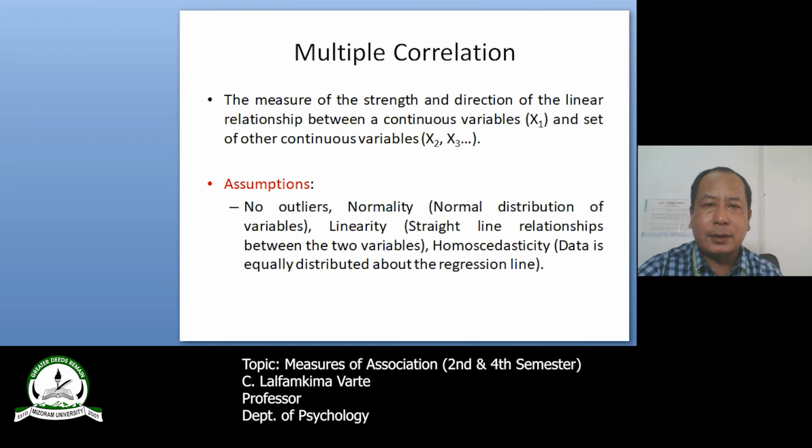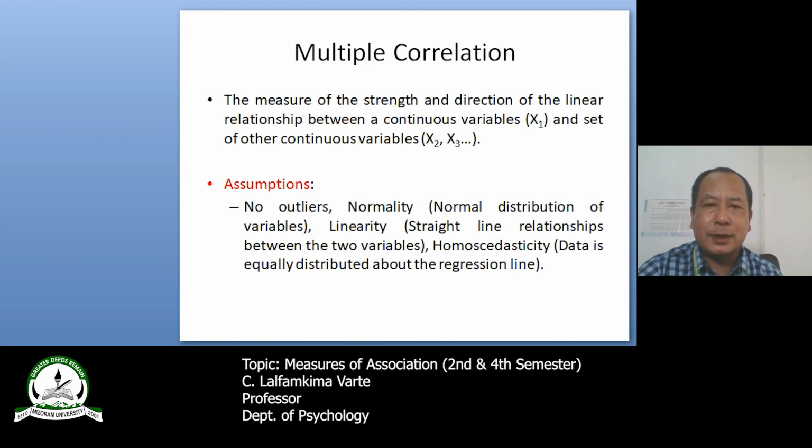So it is the relationship between one single variable and a group of two or more other variables. The assumptions underlying multiple correlation are no outliers, normality, linearity, and homoscedasticity.